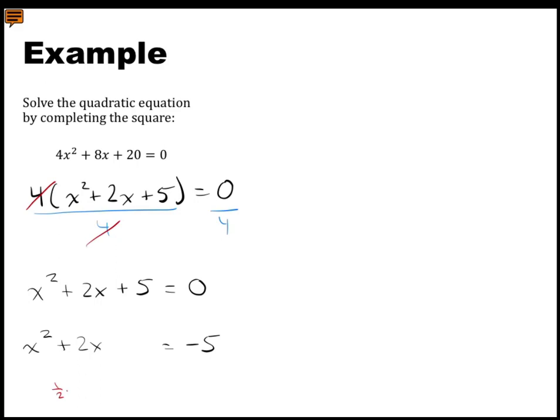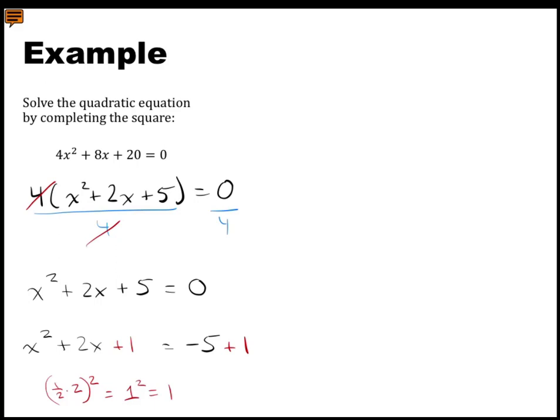Half of 2 squared is the number we need. Half of this number squared is what we add to both sides of the equation. Half of 2 is 1, and 1 squared is 1. So we are going to add 1 to both sides of the equation.